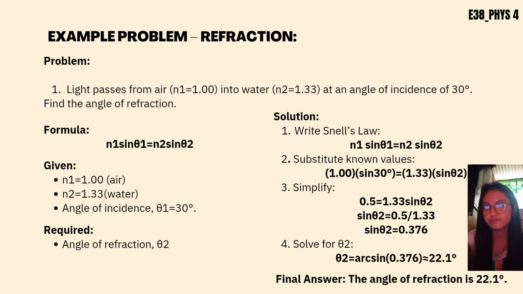Since 0.376 is not the angle, in order for us to get the angle, we will be using the arc sin. So now here's the formula: theta 2 equals arc sin of 0.376, and we will get the value of 22.1 degrees. So now the final answer is: the angle of refraction is 22.1 degrees.